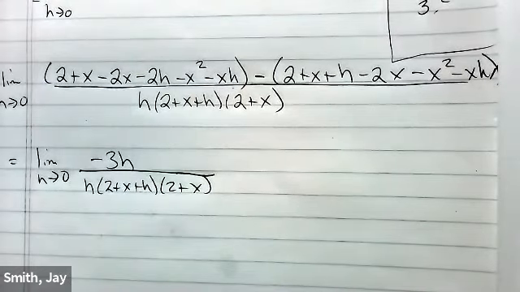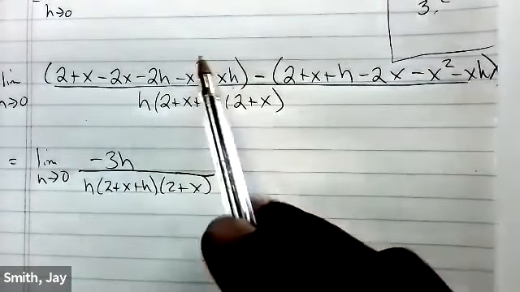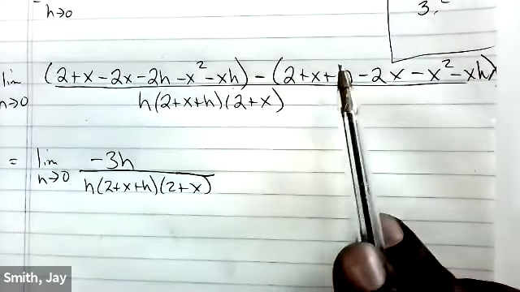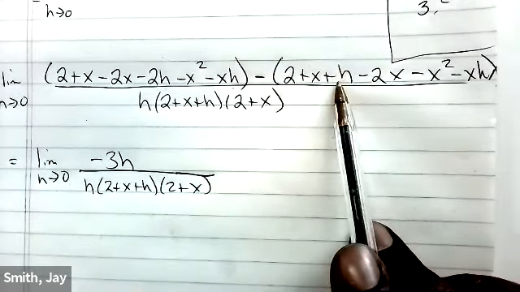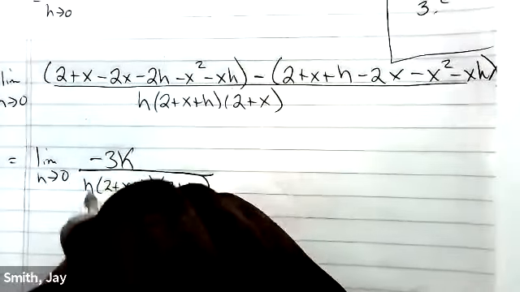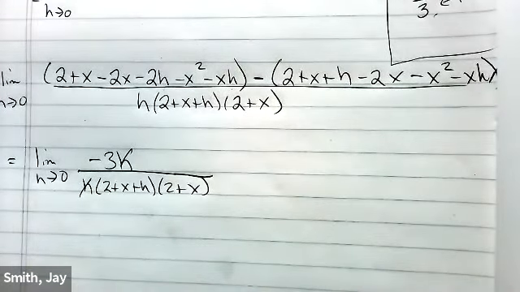The only thing that we're going to be left with is two terms with h's. We have a -2h, and we have this positive h, which becomes negative, and we combine those like terms, we get -3h at top. But these h's cancel.